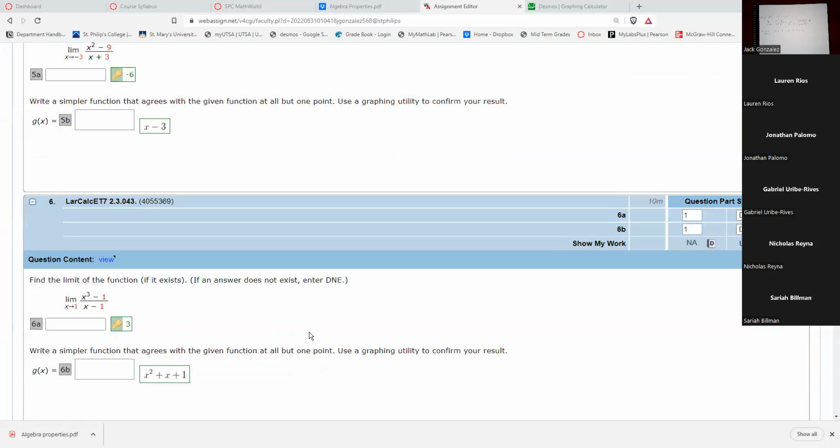Okay. This would be the same type of deal. You're going to factor the top using the difference of cubes. It's going to cancel. All right, you're going to end up with what?